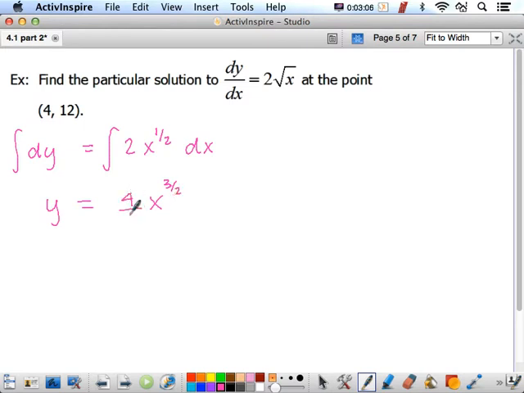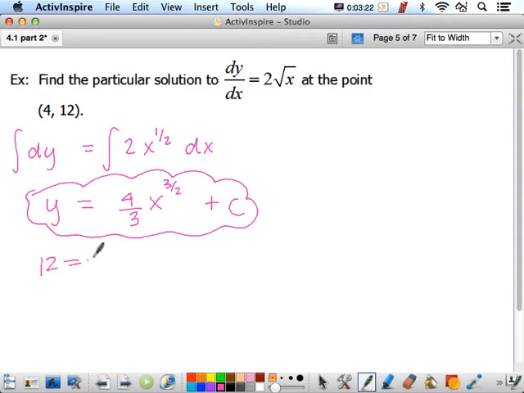So this would be our general solution. But we're aiming for our particular solution. So now we're going to substitute 12 for y and 4 for x. So we have 12 equals 4/3 times 4 to the 3/2 plus the constant of integration.